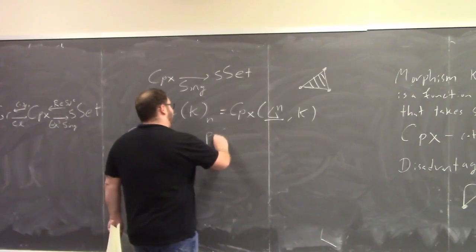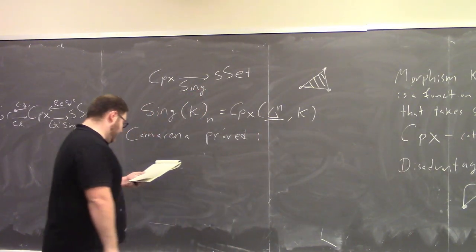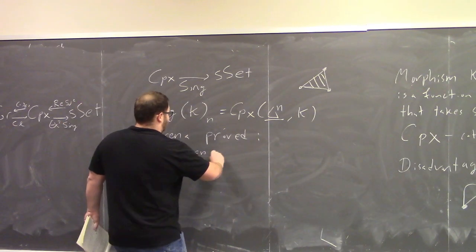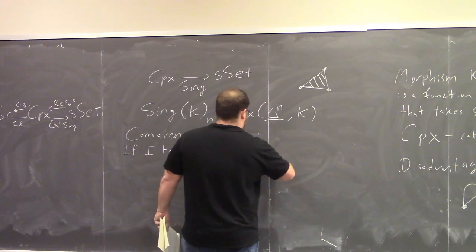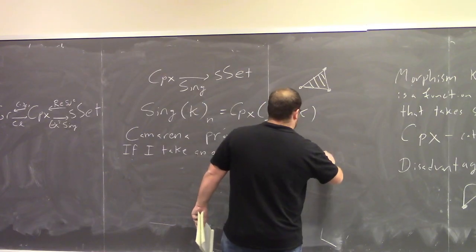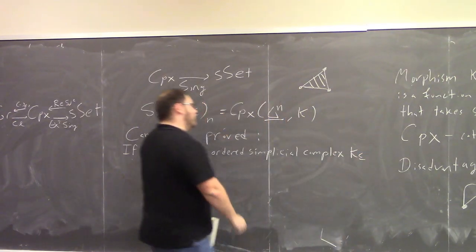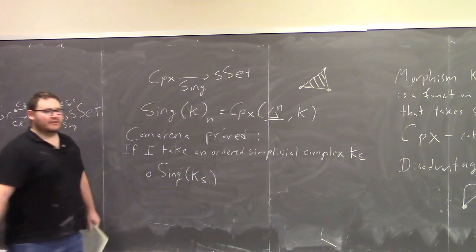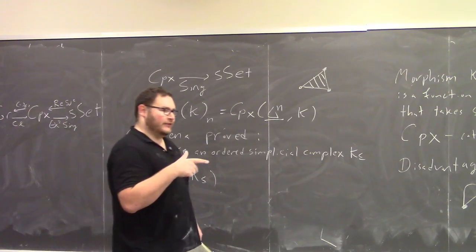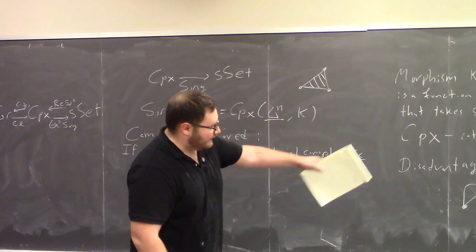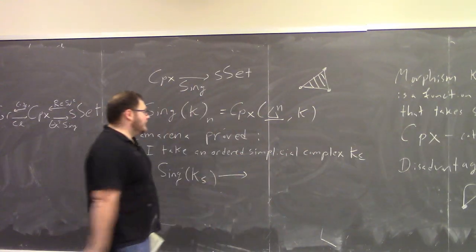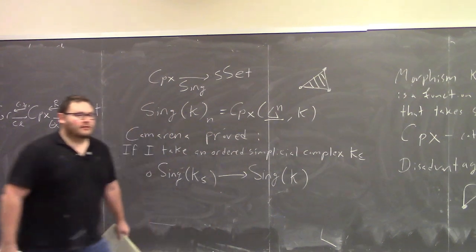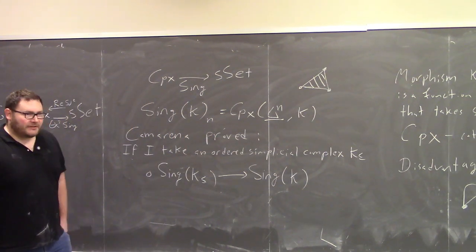Camarena proved in a blog post that if I take an ordered simplicial complex and I take O-Sing, so remember that was the small simplicial set that I got because I just order it, so there's only one simplex in the simplicial set because I have an ordering, and then I map this into Sing of the underlying simplicial complex, this map is a weak equivalence.